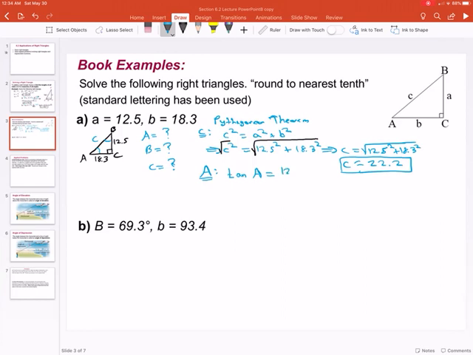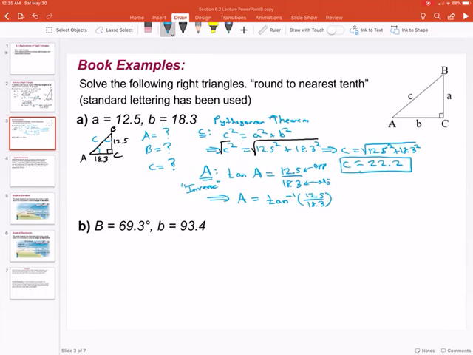It would be equal to the opposite side's length, 12.5, over the adjacent side's length, which is 18.3. Now, that's the tangent of A. We want to find A. If we're going to find A, we've got to use inverse functions. We swap out this function value for the angle measurement. So using our inverse property, A would be equal to tan inverse of 12.5 over 18.3.